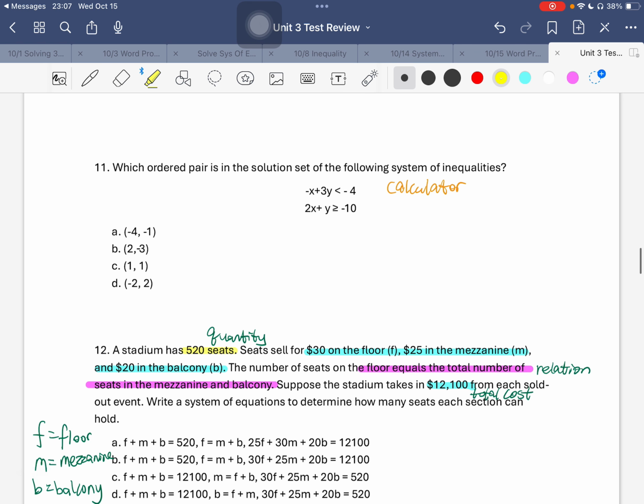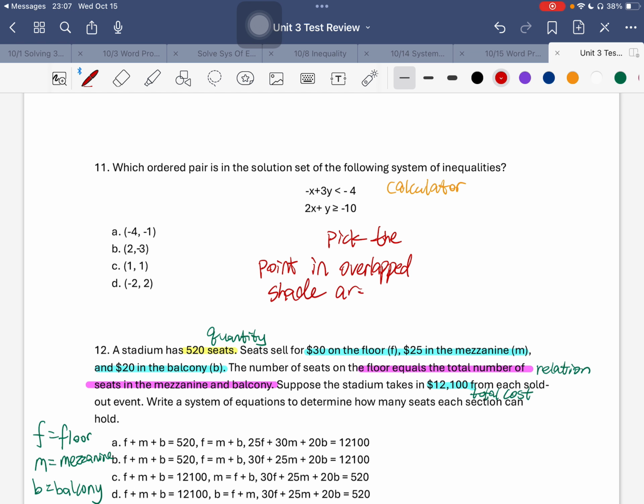Question 11. Which ordered pair is in the solution set of the following system of inequalities? So we need to use the calculator to graph these 2 inequalities, and then pick the point in the overlapped shading area.